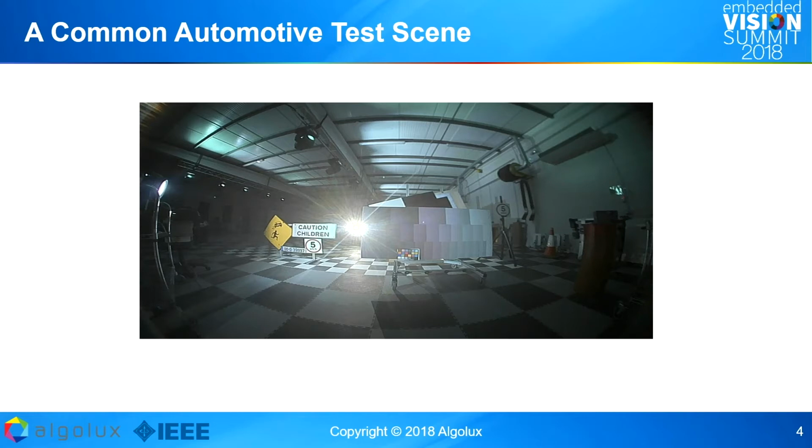So let's look at a common automotive test scene that is used for assessing the image quality of an automotive imaging system and vision system. What's simulated in this test scene are optical aberrations, such as the one that I showed you, an extreme case on the previous slide.